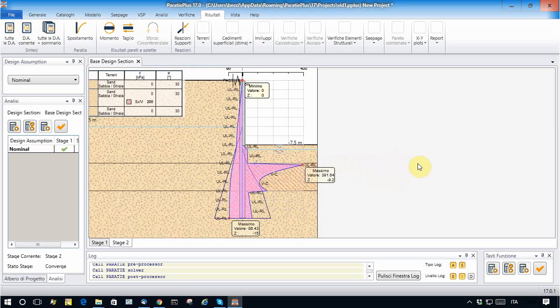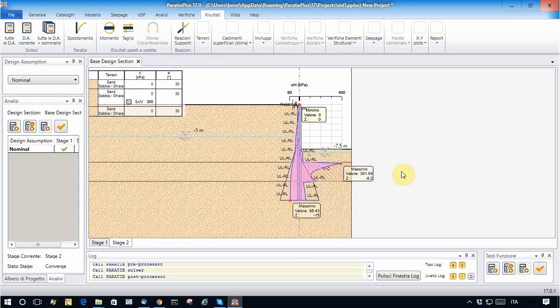In this case, the role of Paratie Plus may be important.